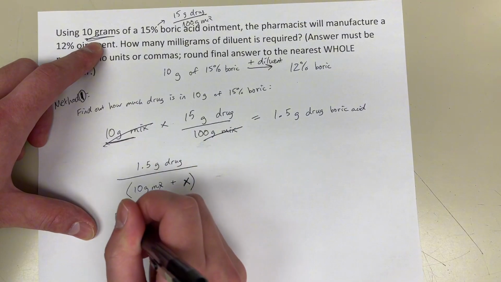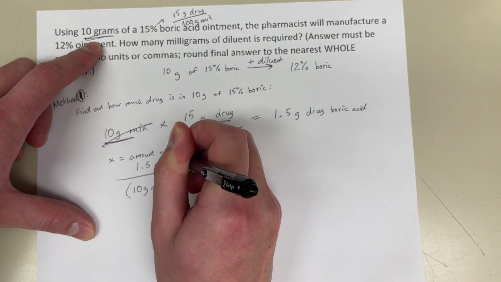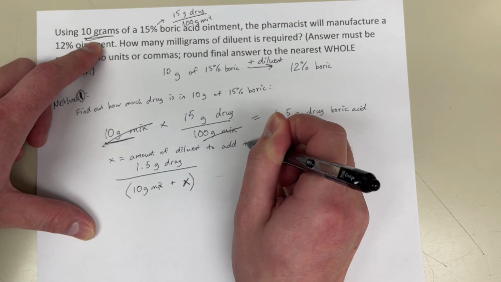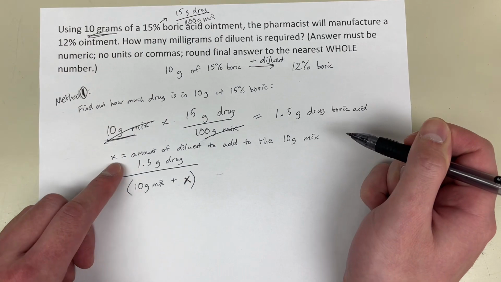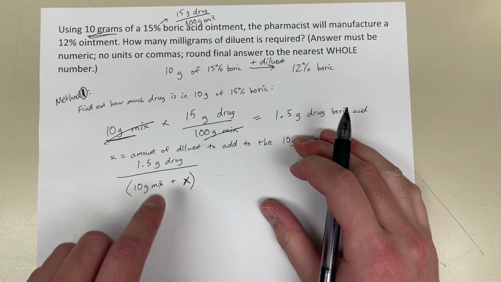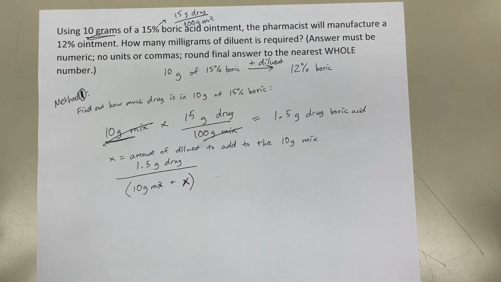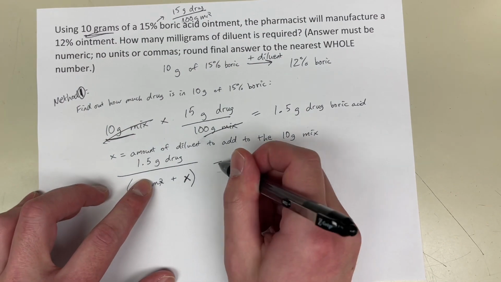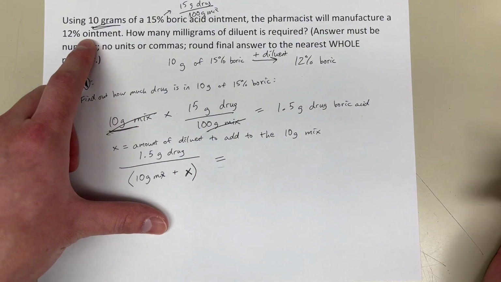So x is equal to the amount of diluent to add to the 10 grams of mixture, right? x is what the question is asking for, so x is going to be our final answer, whatever it's going to be. So 1.5 grams of the drug that we have already over the total mixture, which is going to be the 10 grams plus whatever diluent we add, and we want to make that equal to 12% total grams of the ointment.